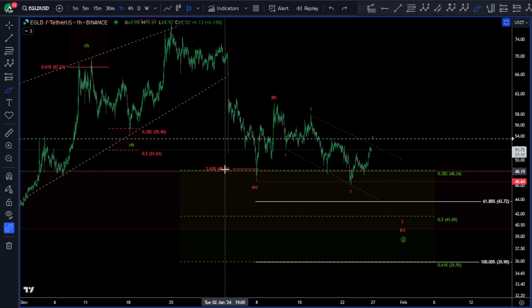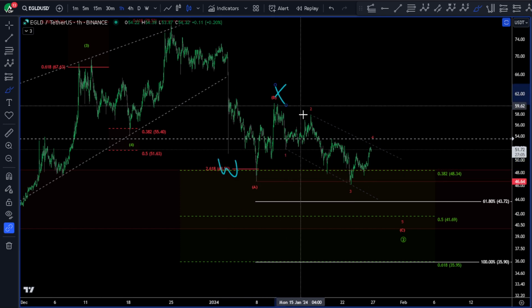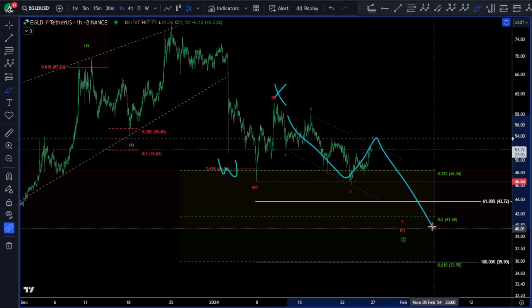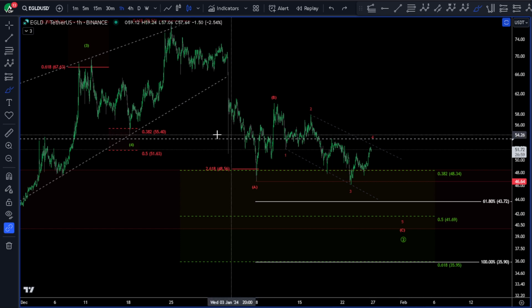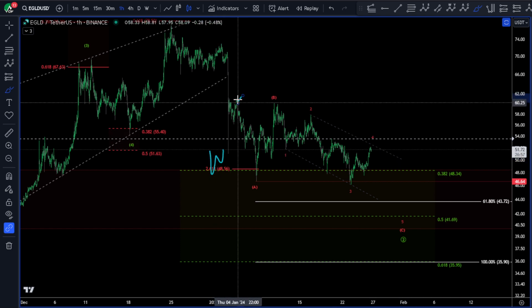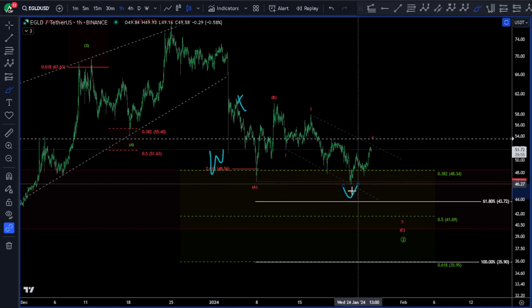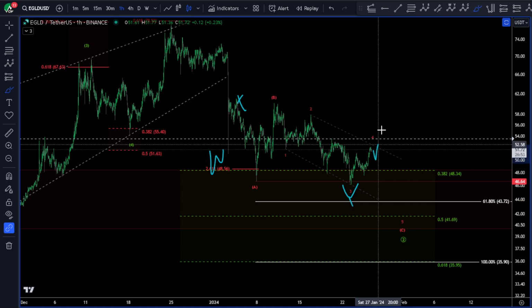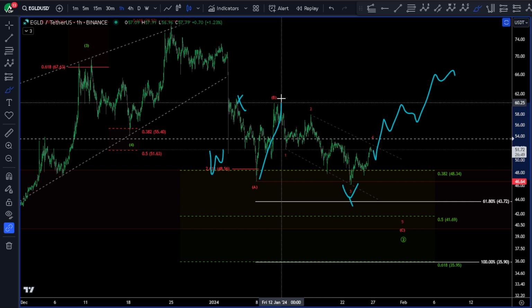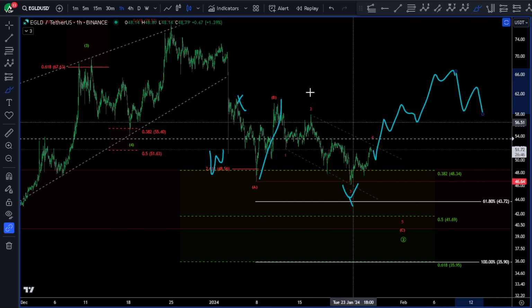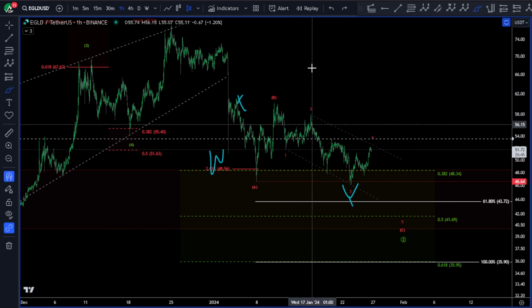Is this a W wave X and this turns into an ABC? Or is this a really awful WXY and we're complete? In which case we'd expect 5 up. But by then it would go well past this and we just play the retrace. So it's important to have a plan.